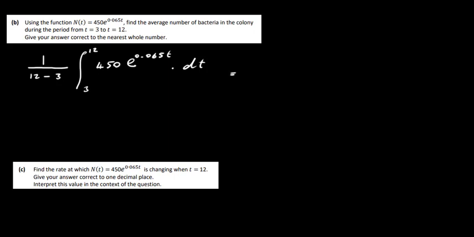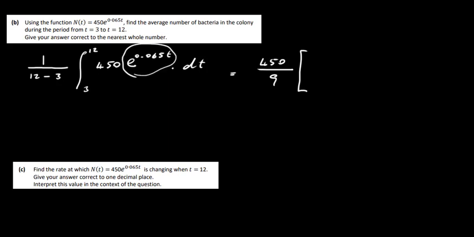So that's just going to be 1 over 9. Now I'm going to take this 450 outside the integral and put it over the 9 on the bottom. So I end up here with 450 over 9. And then I'm going to integrate the remaining part of the function.